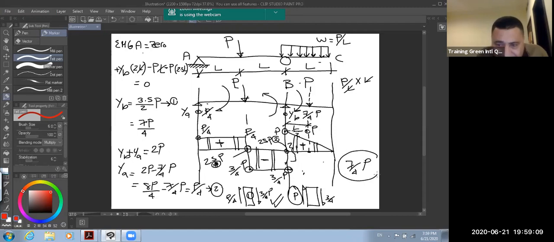Lower reaction. But in the section itself, there is a zero force point at the neutral axis. Because the forces act up and down, different forces acting on a beam up and down, that means the section is zero here, zero here.